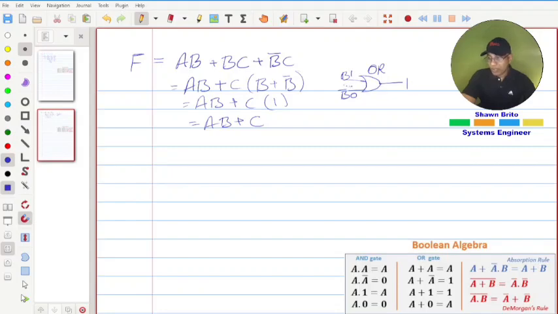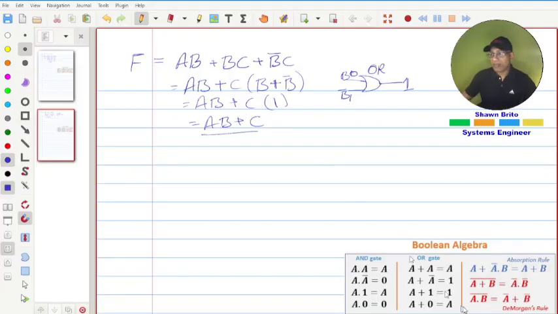If we shift B to 0, B bar would be 1. So again, this will always equal 1. That is how we get the value of 1, and then C multiplied by 1 is still C, and the AB still remains.